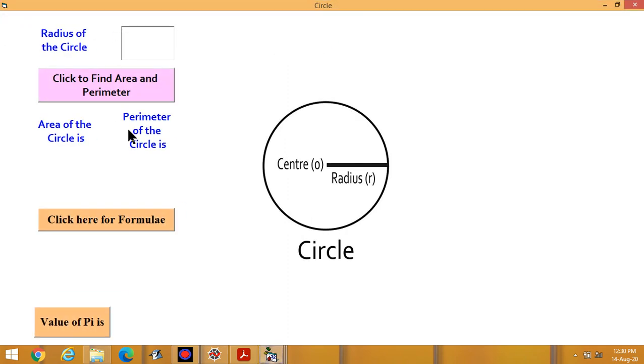If I click circle here, if I enter the value as 12, I can print the area of the circle and perimeter of the circle, and formula is pi r square and 2 pi r. This one is the formula. We have to implement this formula inside our Python program.